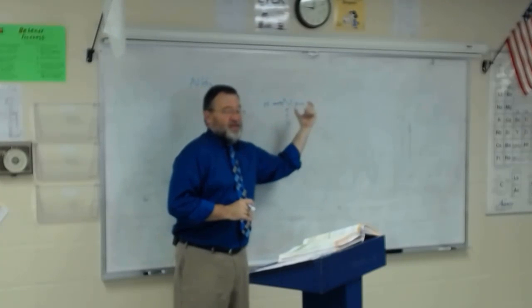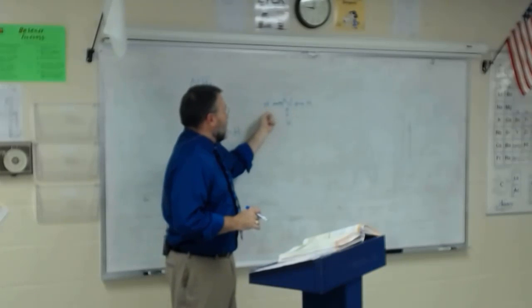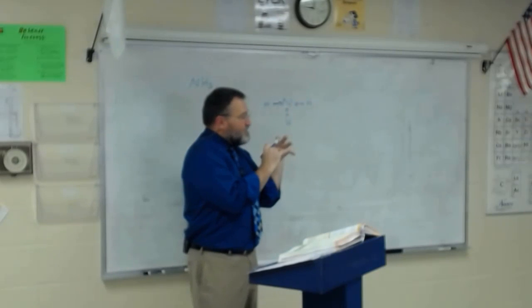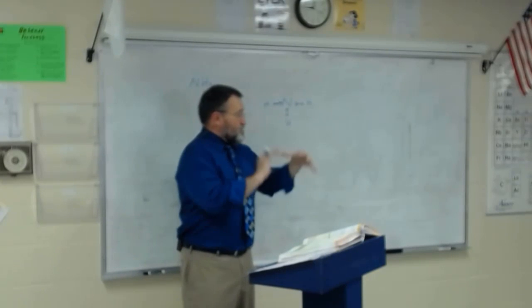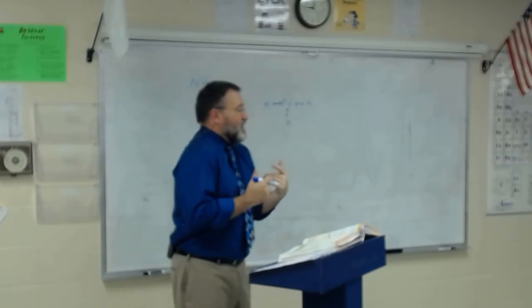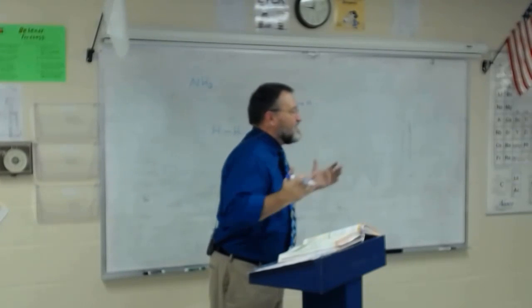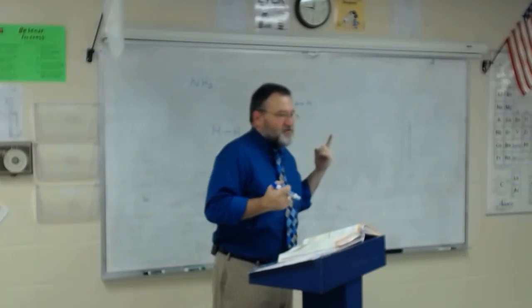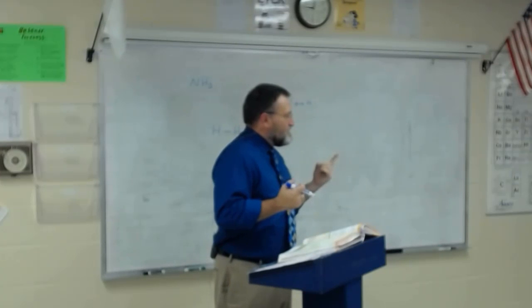Negative. Because it tends to have 1, 2, 3 electrons. It's going to be strongly negative towards the center of the molecule and positive towards the hydrogens, right? Because the hydrogens are going to tend not to have any electrons around them because they only have 1. Nitrogen's stealing the 1 they have.